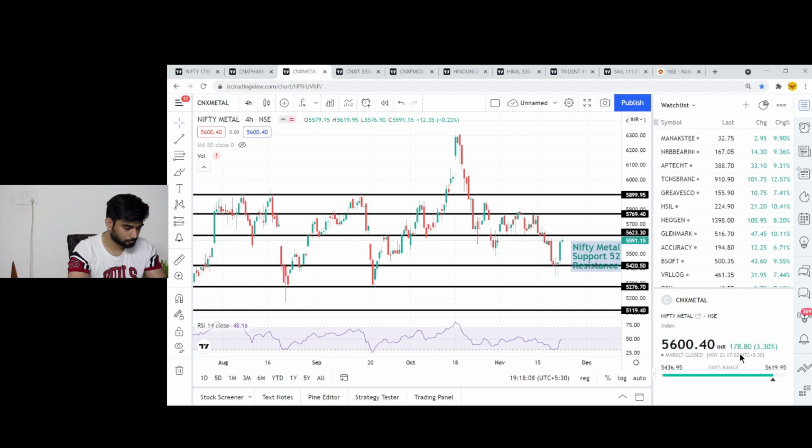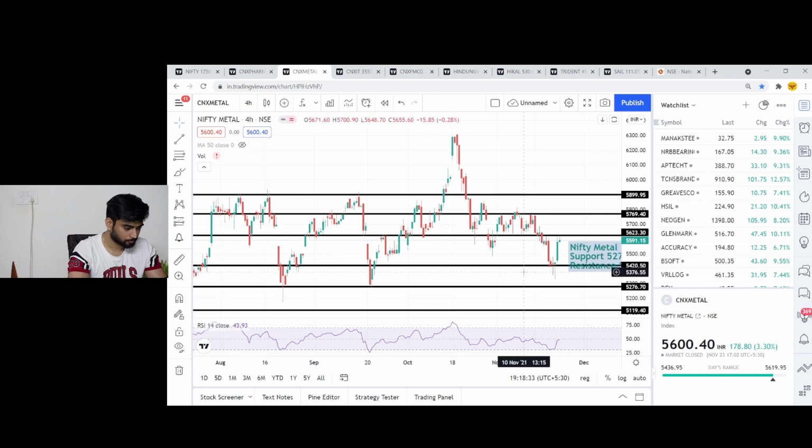You can check when the majority of the sectors were bullish from 0.5 to 2%, Nifty Metal was the index which outperformed in particular. And as I've spoken before, it was trading at a very crucial support, and from there we have seen a rise. So this is the sector I think we can watch out for.